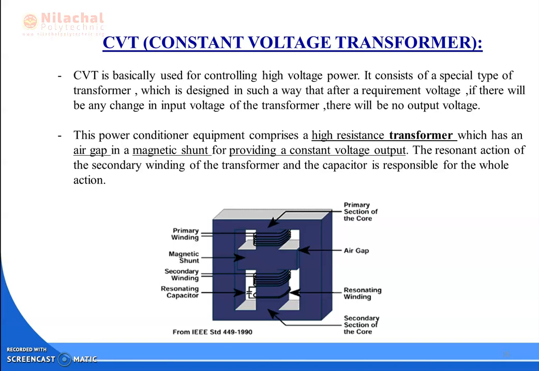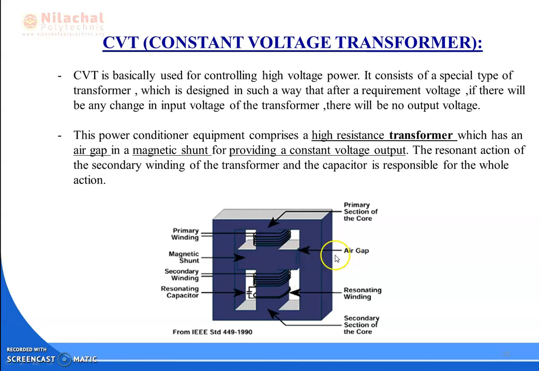So let's follow the diagram of CVT. Here we can see the basic components or parts of CVT. There are two electromagnetic fields, we can say. One is the primary winding and the second one is the secondary winding, and these two windings are divided by a solid magnetic shunt.